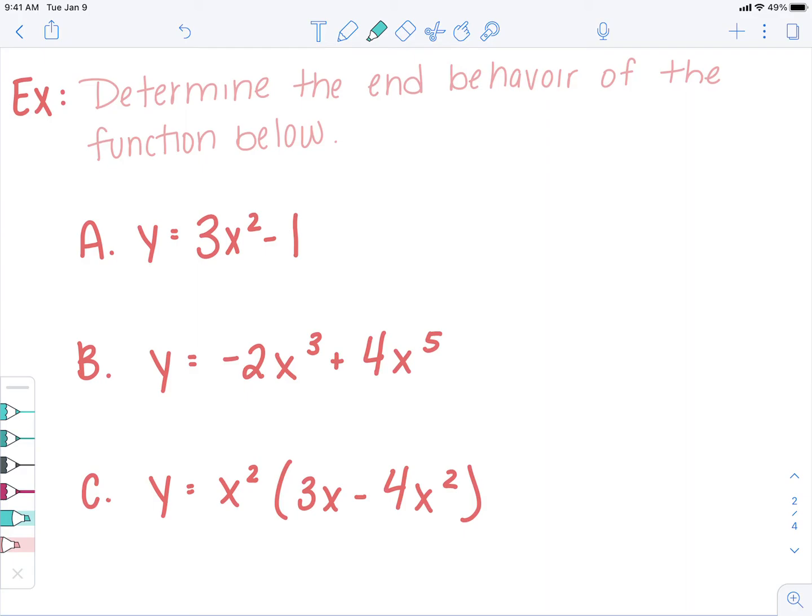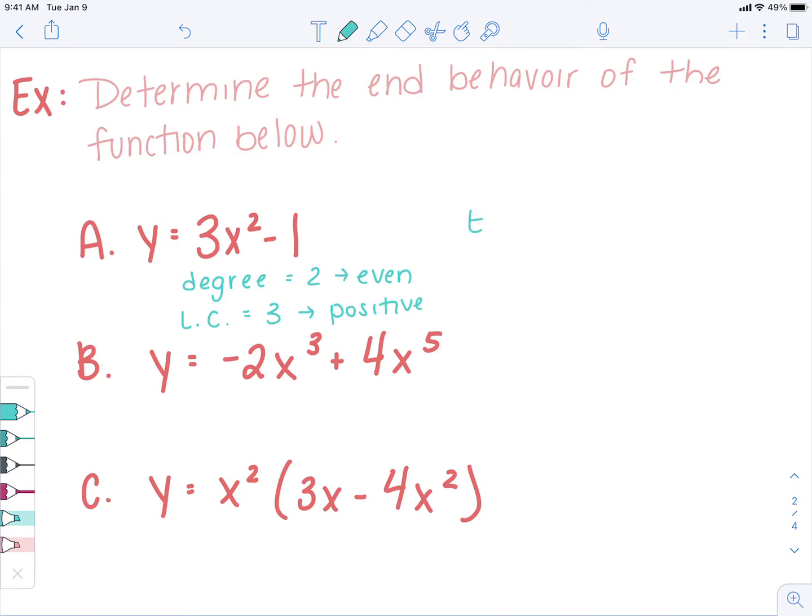So if you look at A, you've got y equals 3x squared minus 1. What's your degree? Even degree. Your degree is 2, right, which is even. Your leading coefficient is what? 3. Is 3 positive or negative? These are tricky questions, aren't they? Positive.